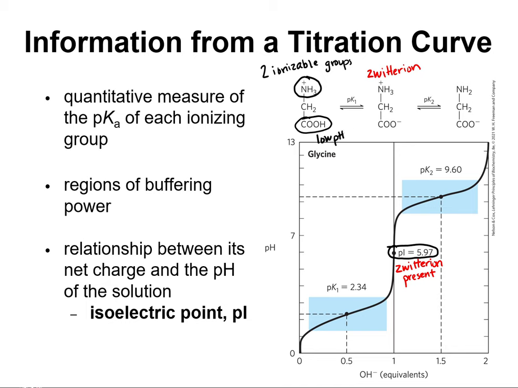At about 7, so our pI is 5.97, so somewhere around neutral pH, you have that Zwitterion. And then at high pH, or basic solution, you're going to have this last form.